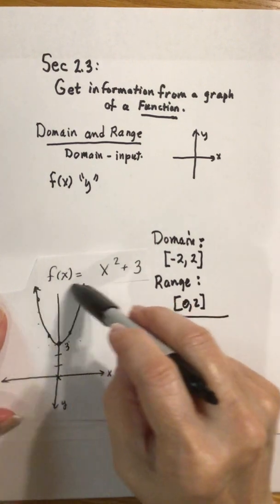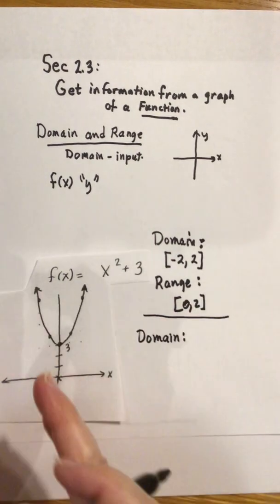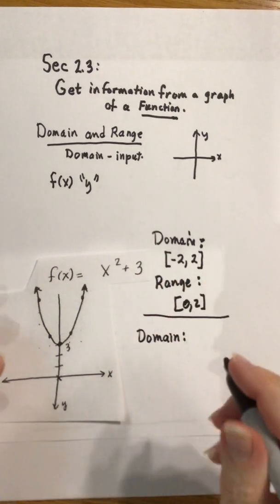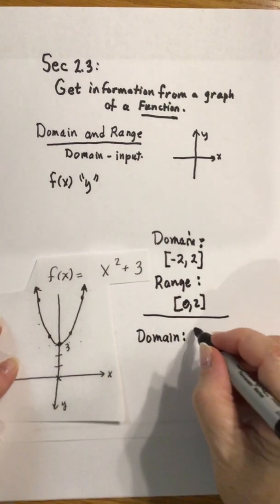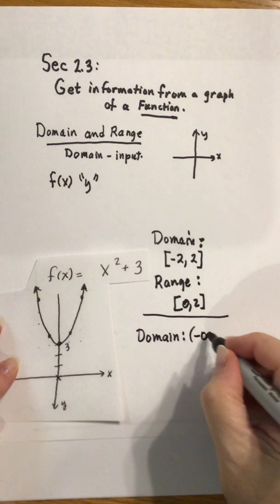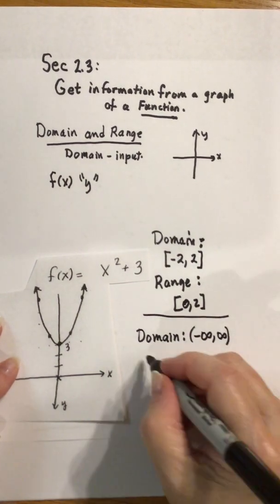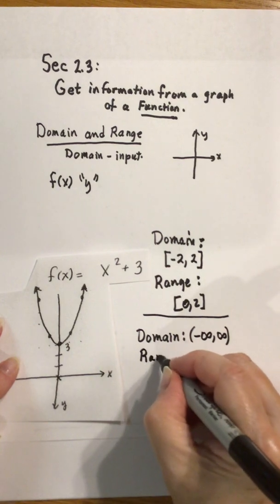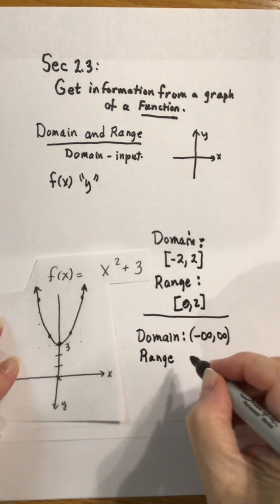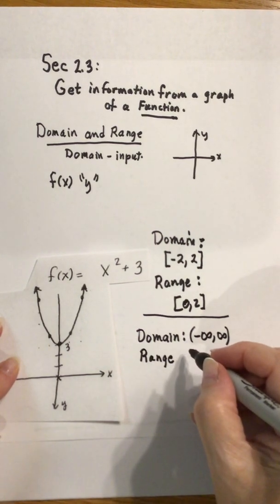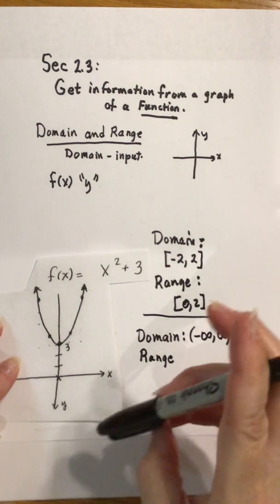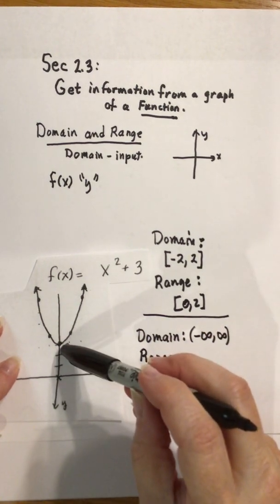So what is that going to say about this? As it keeps going up and up and up, then it's going to go out and out and out. So we know that our domain is going to be negative infinity to infinity. Our range, the lowest it can go and the highest it can go. So the lowest it can go is this point 0, 3.